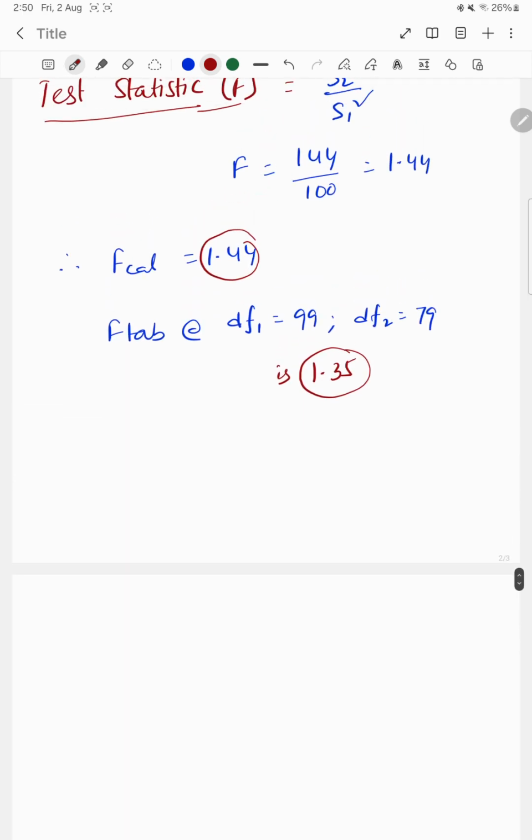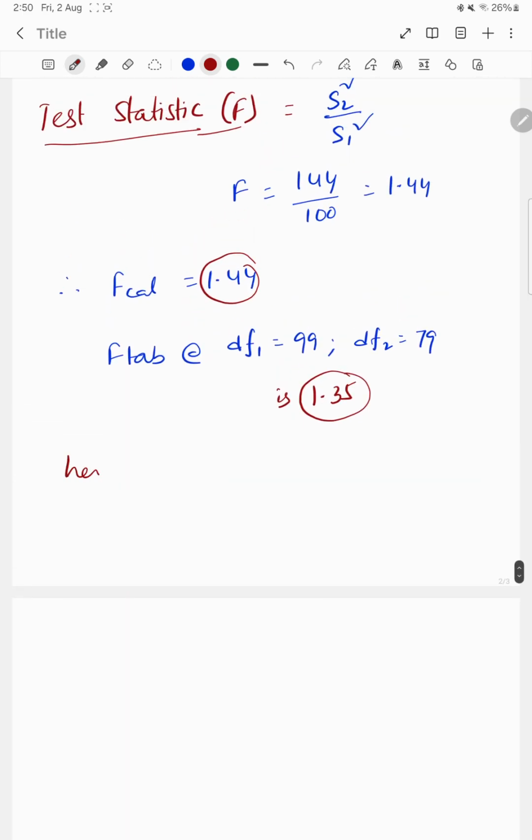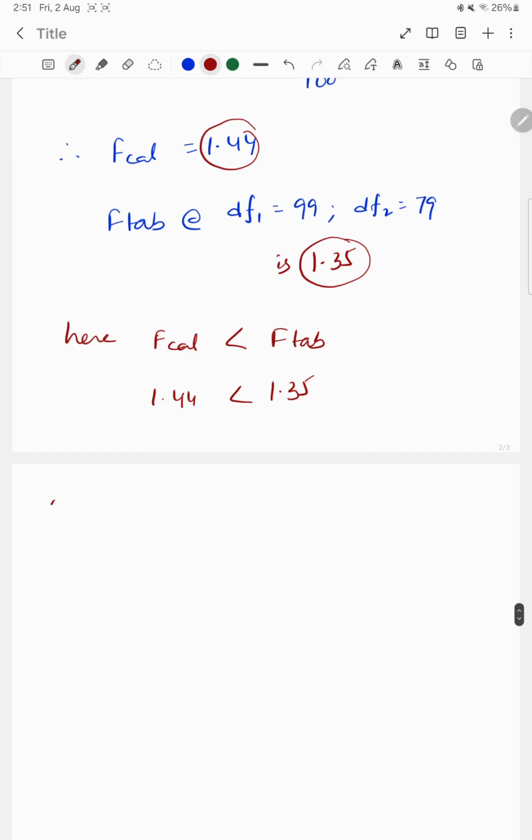So now we can move to the conclusion. Here F cal is greater than F tab, that means 1.44 is greater than 1.35. So our calculated value is more. So H naught is false and it may be rejected. So we are rejecting the null hypothesis.